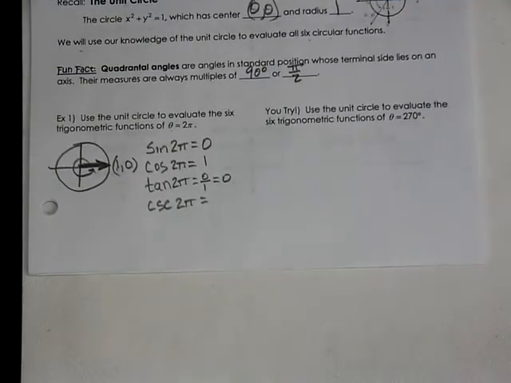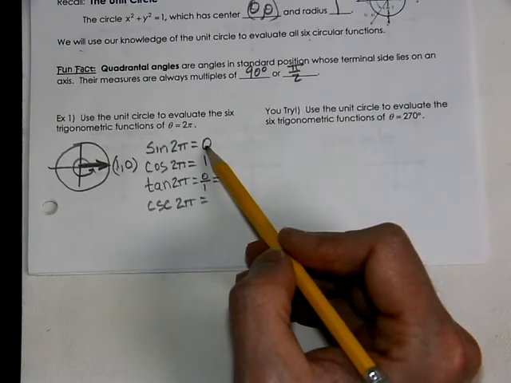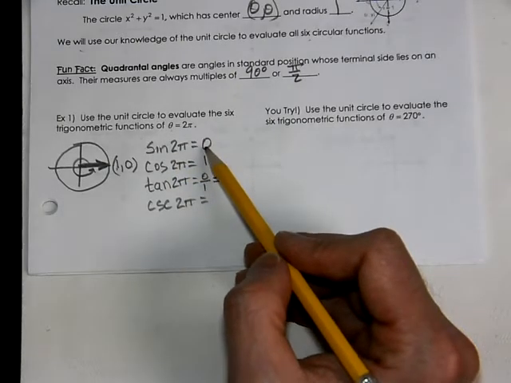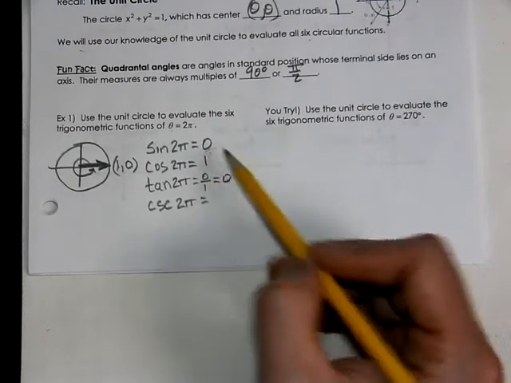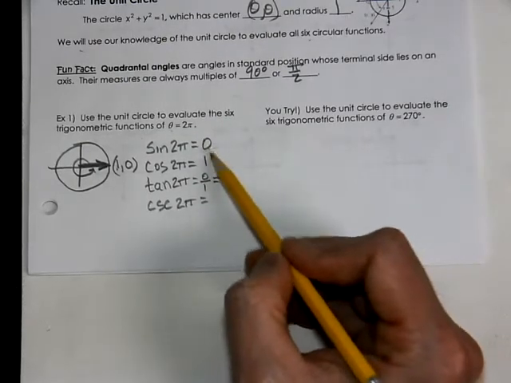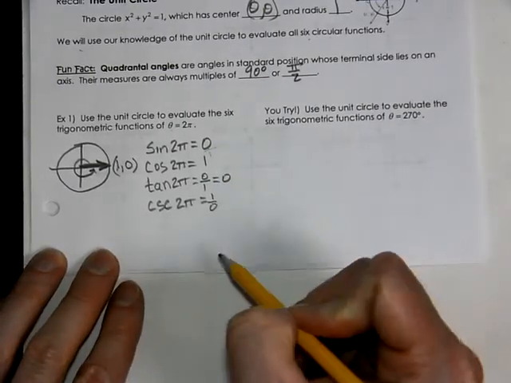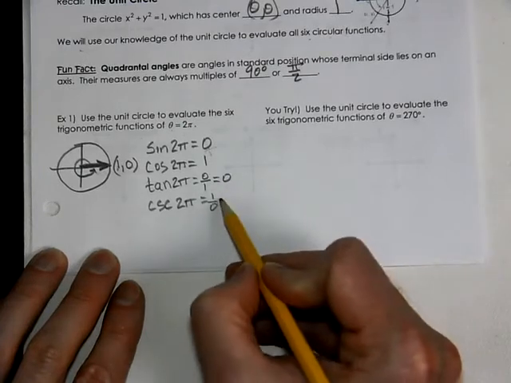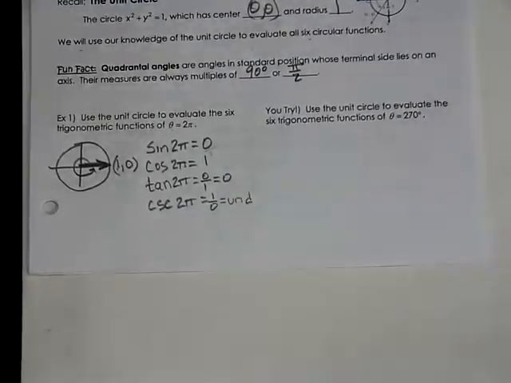Now for our other 3 trig functions, cosecant is the reciprocal of sine. Now, how do we do the reciprocal of 0? Well, whenever you have a number, you would have that number over 1. So you could consider this 1 over 0, and you know you cannot divide by 0, so this would be undefined, and we abbreviate that UND.